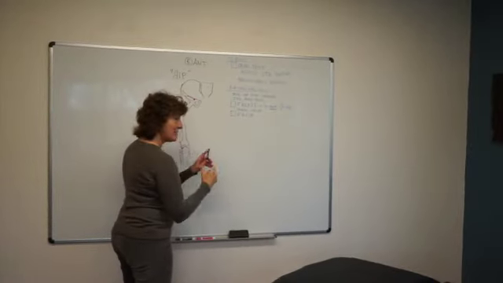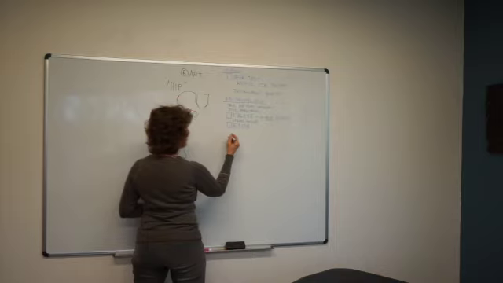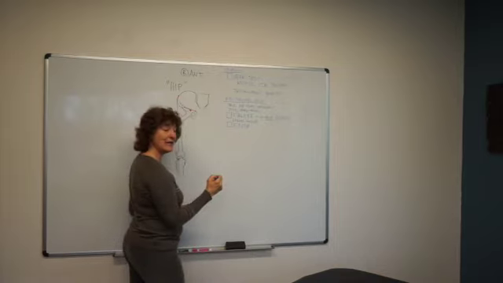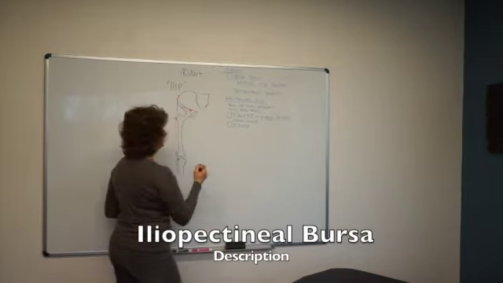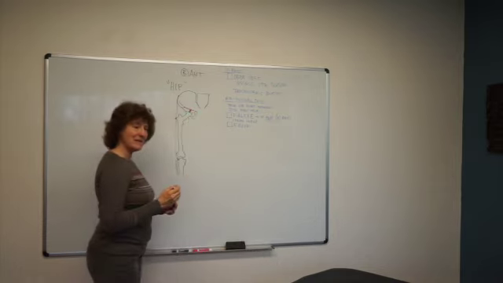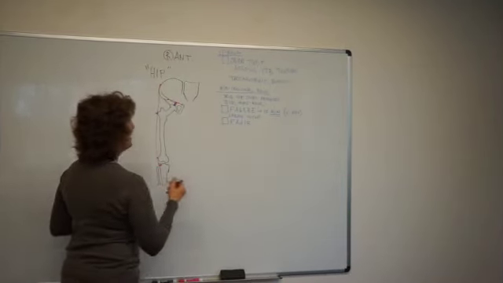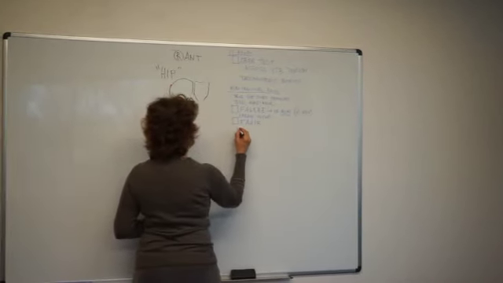Less commonly, I'm going to mention a third etiology for pain located in this area, and that is the iliopectineal bursa. We actually have a little bursa here. I've only seen it in about 5 patients in my career, but I'm going to include that in my list here.